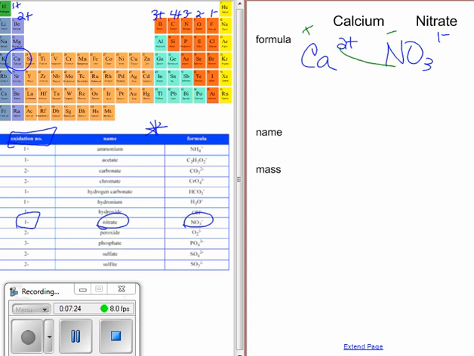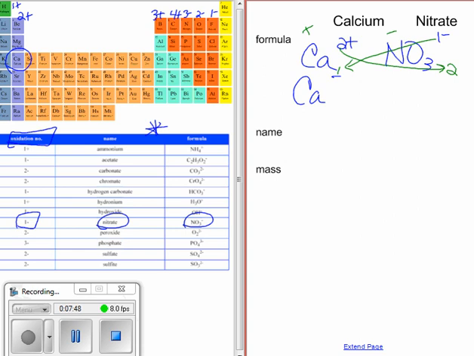Then I'm going to crisscross and drop my number off without the sign, and then rewrite it. So I would write calcium, Ca, but I notice that the number I dropped off was 1. You don't write the 1 when you're writing out the formula, so it's simply Ca.